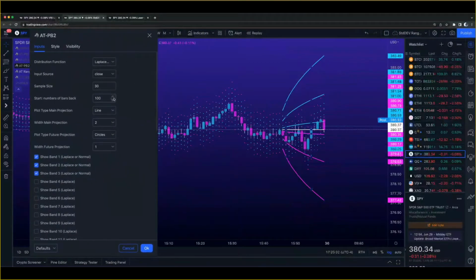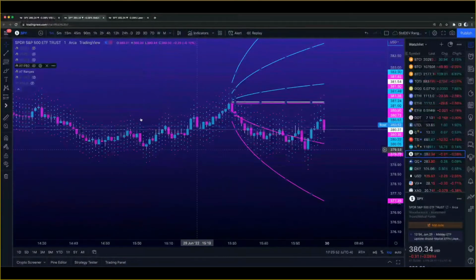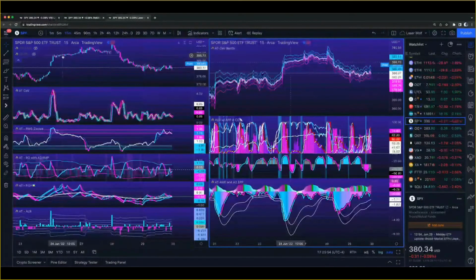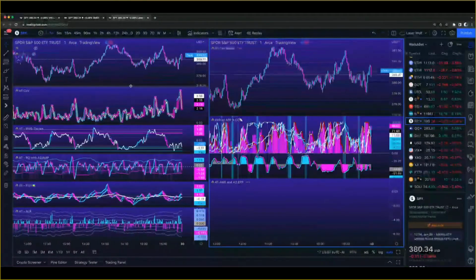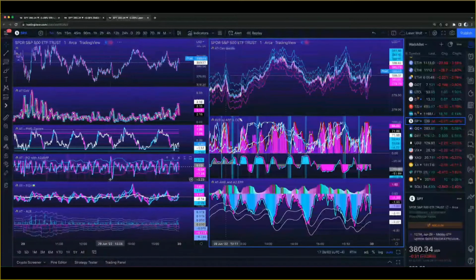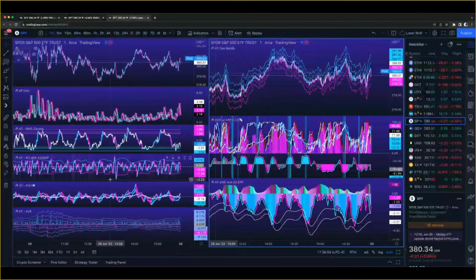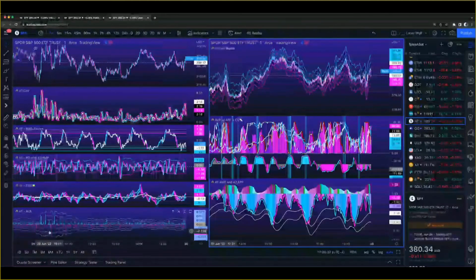Let's move this back. Yeah, look out below. It doesn't take much. And I guarantee you, if we were to go to a 1 minute, let's get the whole day in. Yeah, right about here.